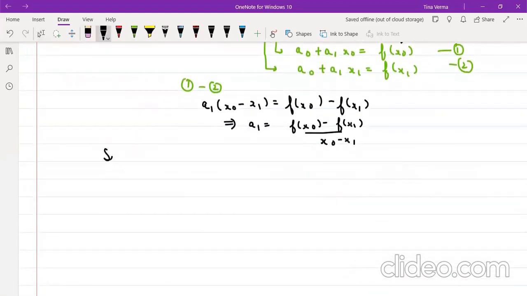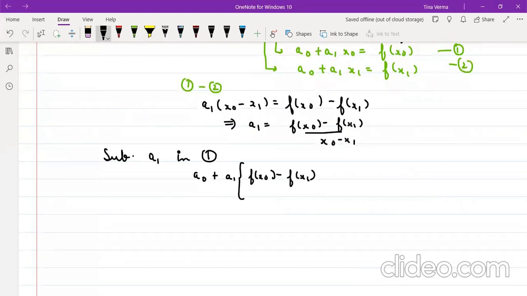So we can use substitution. Substitute a1 in any of the equations. Suppose I am substituting a1 in the first equation. So I'll have a naught plus a1, that is f of x naught minus function value at x1 divided by x naught minus x1, into x naught, equal to function value at x naught.